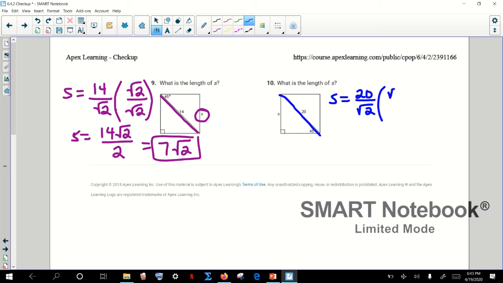So I have to get rid of it by multiplying by square root of 2 over square root of 2. If I multiply straight across, 20 square root of 2 in the numerator. What's square root of 2 times square root of 2? Just 2. And then just one more step of simplification. What's 20 divided by 2? That's 10. And then square root of 2 is still on the end.